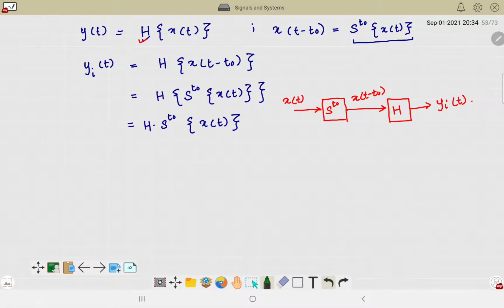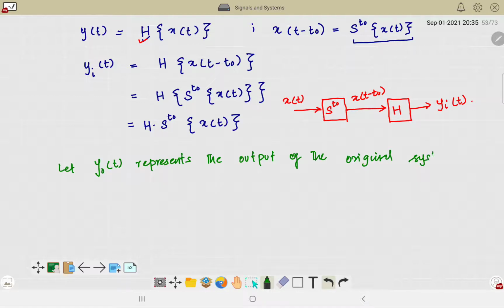Now let us suppose y subscript o of t represents the output of the original system, that is H, shifted in time by t naught units of time.